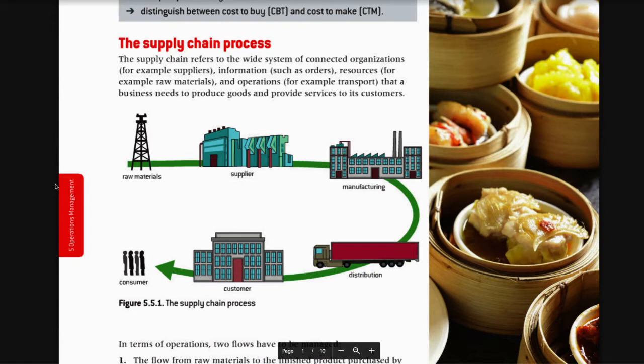Where do you find the suppliers? Where do you find the manufacturing? How do you ship it? How do you put it in retail stores, sell it online, etc., and get it to the consumer?